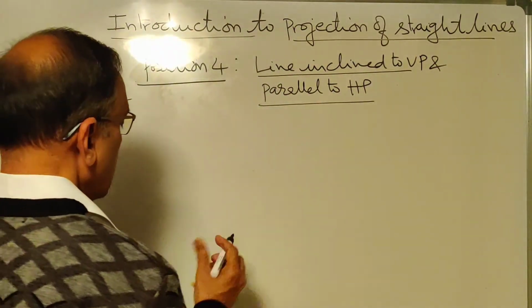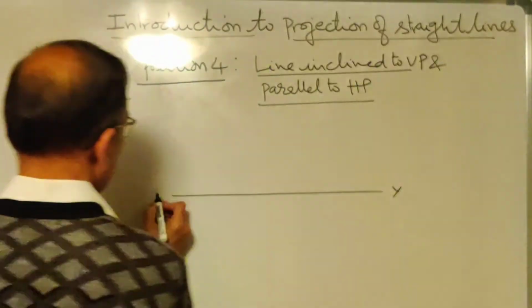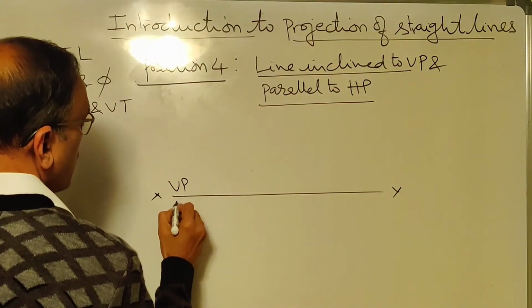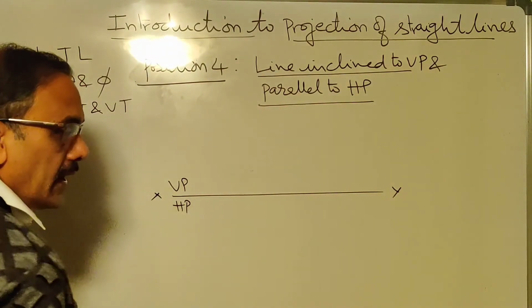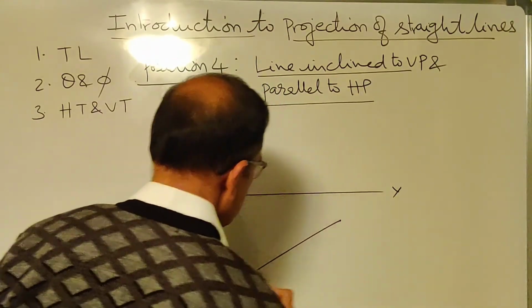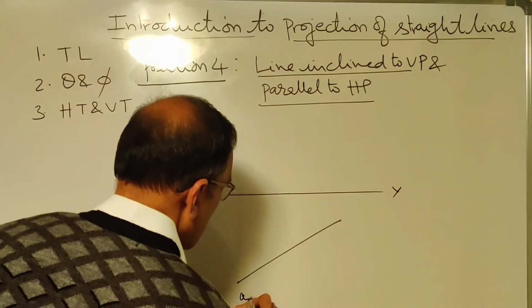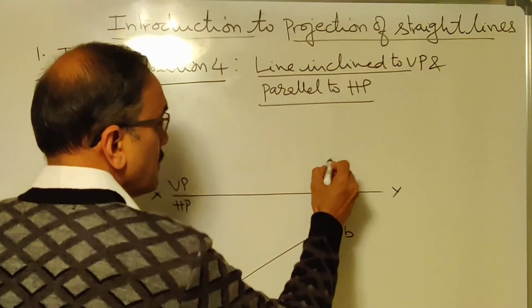So let me show it here. The top view is going to be inclined and true length. So I'm showing it like this. Some inclination you can take. This is the top view, so I'll write it as AB.